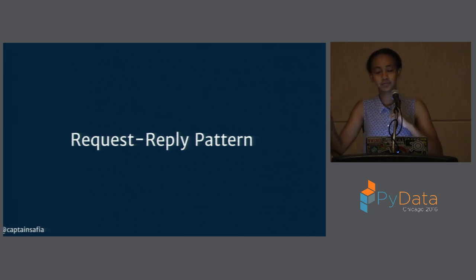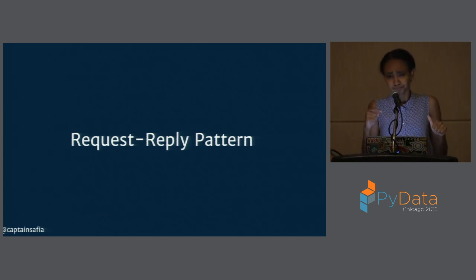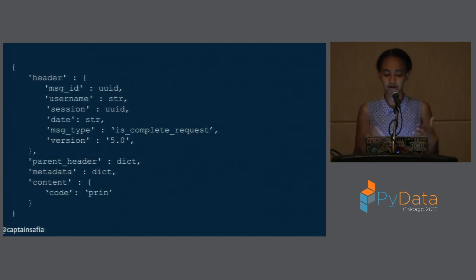The kernel is going to parse that message, try to understand what the user is asking for, and send a response back via a JSON payload that contains its response. So it looks something like this. Here's something really common that happens whenever you use the Jupyter Notebook: tab complete.